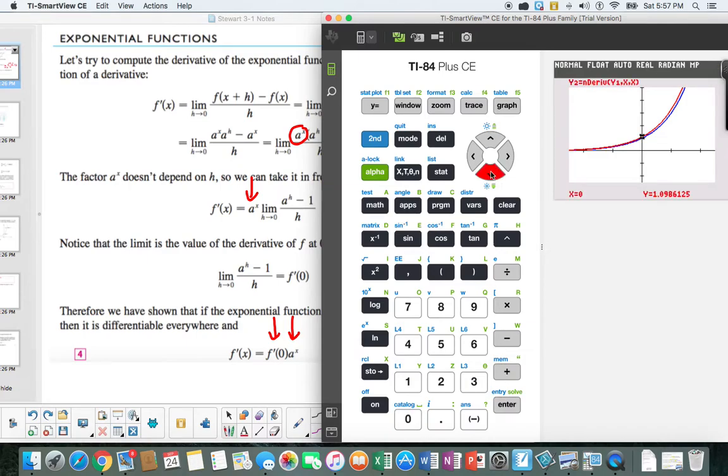Now I want you to notice that the value of the derivative at 0 is 1.09, and all the rest of those numbers. So I'm taking 3 to the x, and I'm going to multiply it by that 1.098, and you can see that the derived function is sitting on top of 3 to the x because I'm multiplying by a number greater than 1.